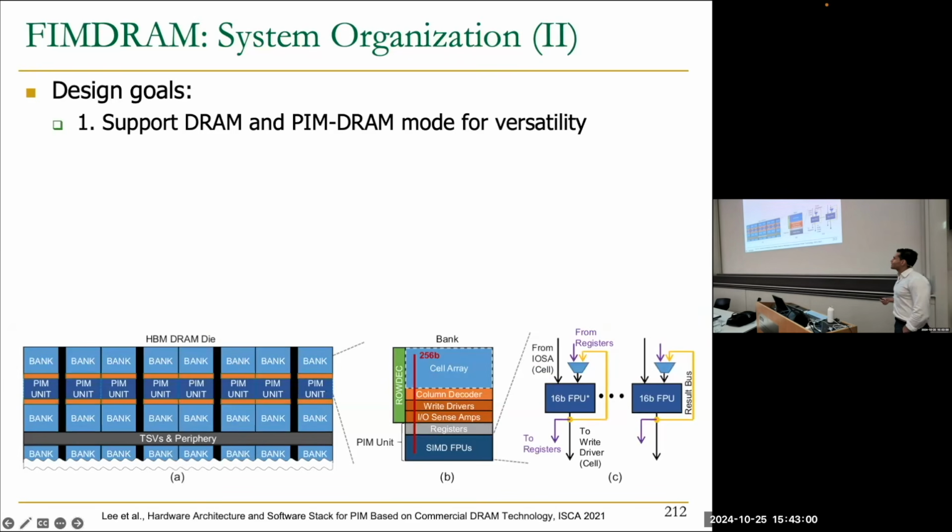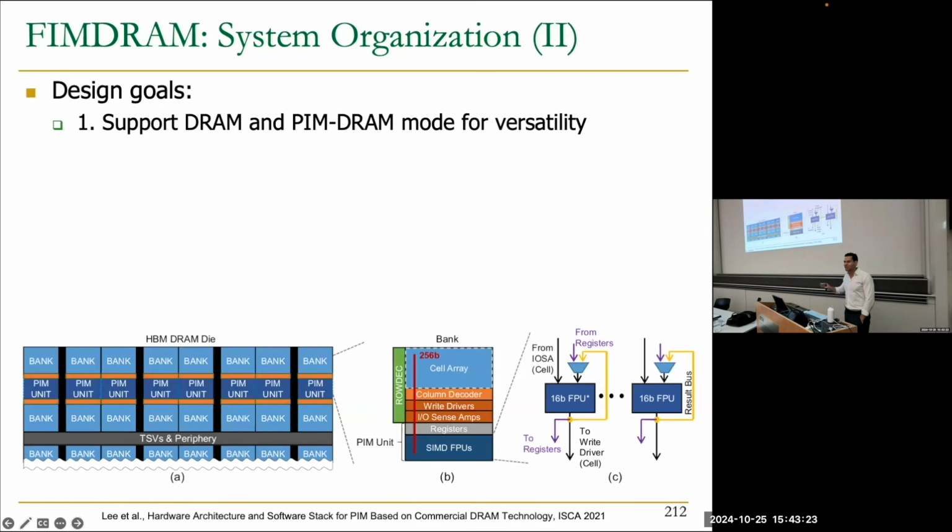They have some design goals that they want to maintain while designing this FIMM-DRAM architecture. The first one is that this HBM chip is JEDEC compliant, so there is a specification that defines the protocol to access this memory chip, and they want to keep this protocol unchanged. They don't want to change the JEDEC.